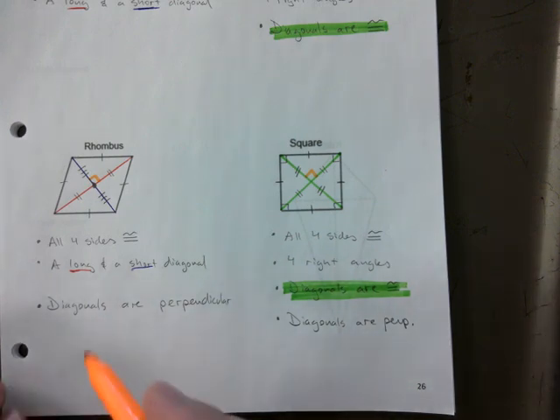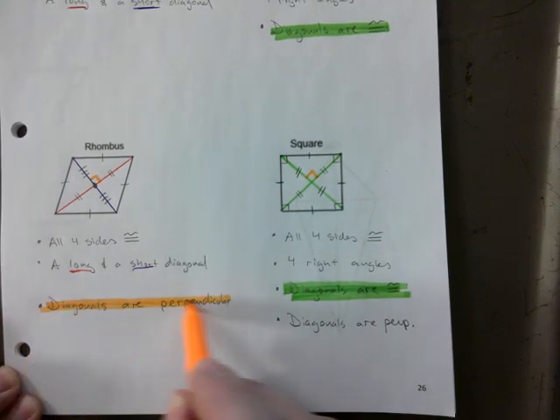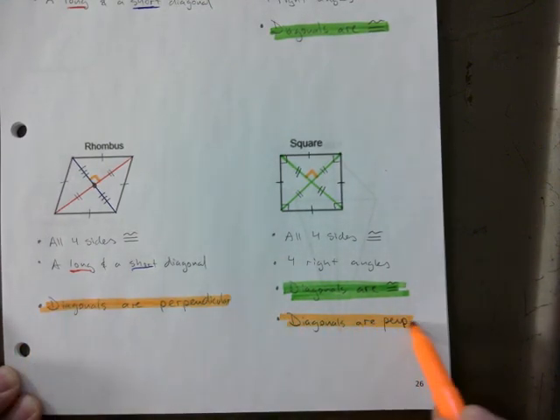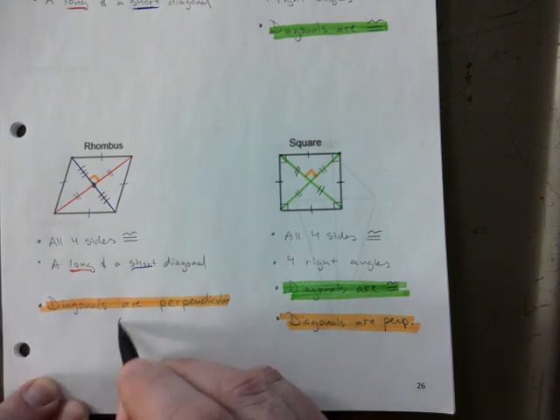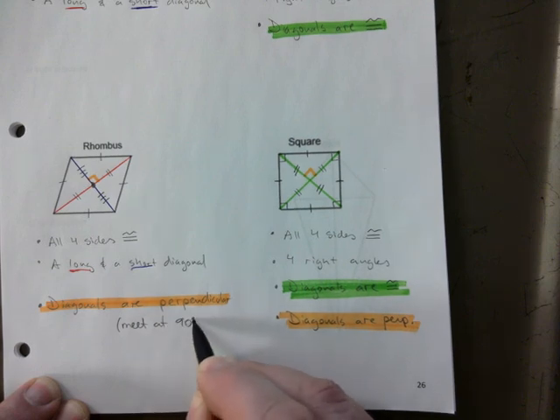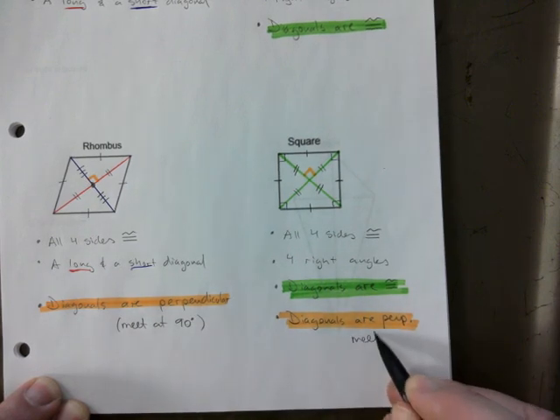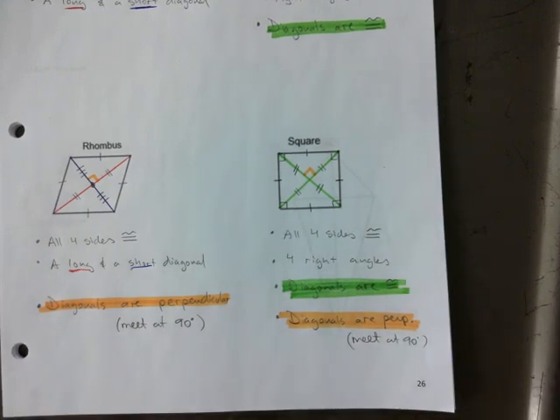I'm going to highlight that in orange. Okay. What is perpendicular? I know you're probably asking. Meet at 90 degrees. That's what that is referring to.